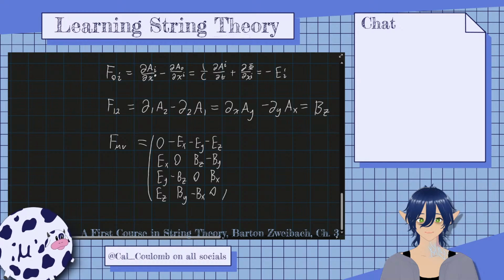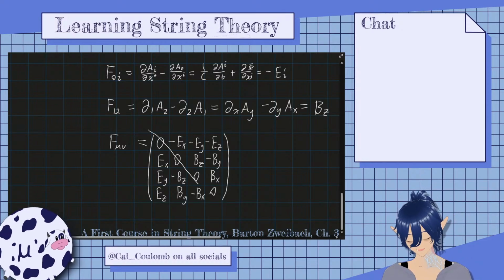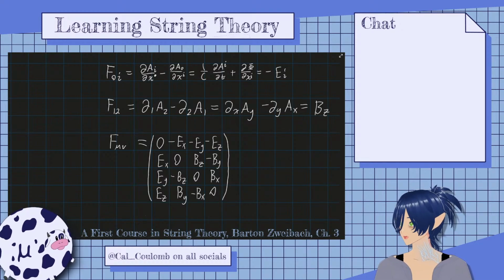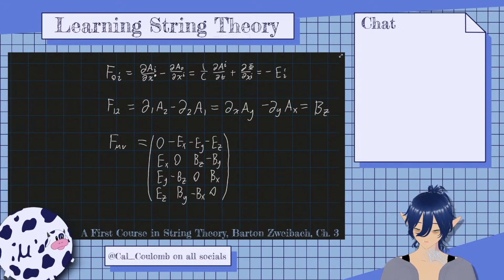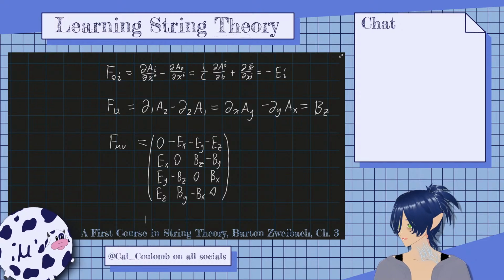And we can see the anti-symmetry here, right? If we took this matrix and flipped it along this diagonal here, you would get the same matrix, but all of the components would pick up a negative sign. And that's basically what it means for a 2-tensor to be anti-symmetric.